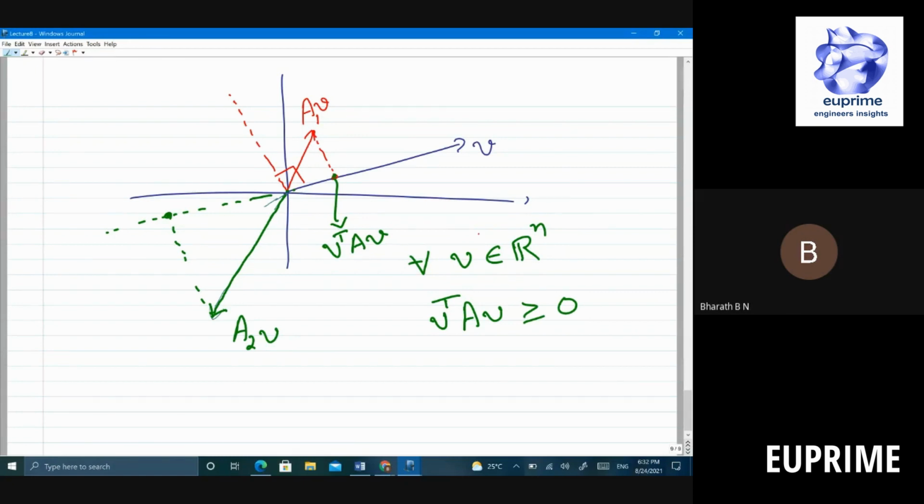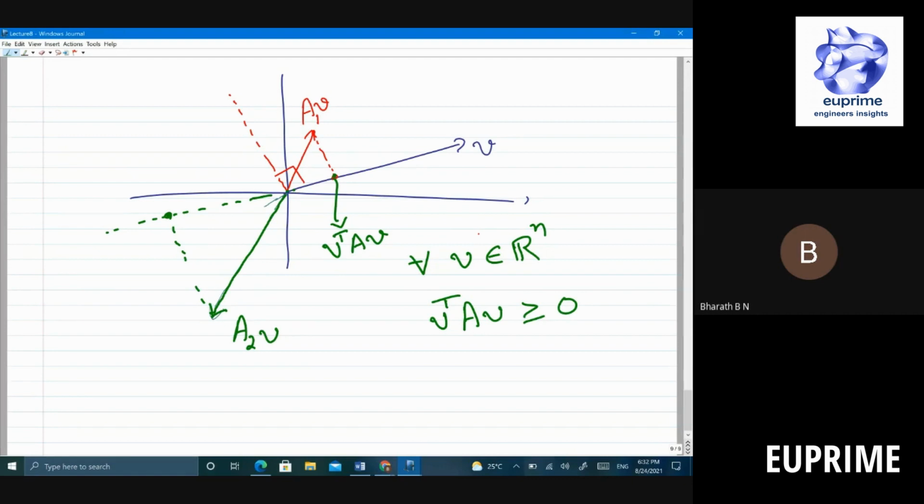So we will give a name for such matrices. We will call that as what? Any idea? Those who have studied matrix theory or maybe some data analysis, some online course, you would have studied such a matrix. Any idea? Okay, it's called positive semi-definite because it's greater than or equal to 0.